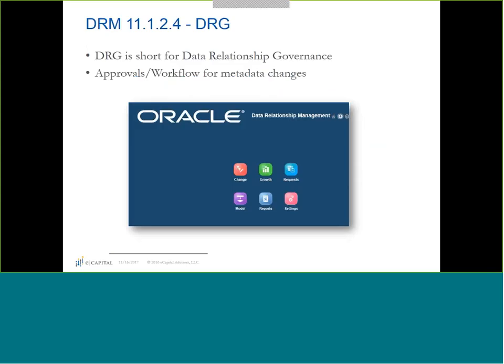From an on-prem perspective, and I'm going to go through this really fast, DRM, some of the new features, the DRG module, which is data relationship governance. It's really like an Outlook inbox for the administrator. People submit a metadata change, and the administrator can approve it, can modify it, and push it back to them. It's really workflow around metadata.